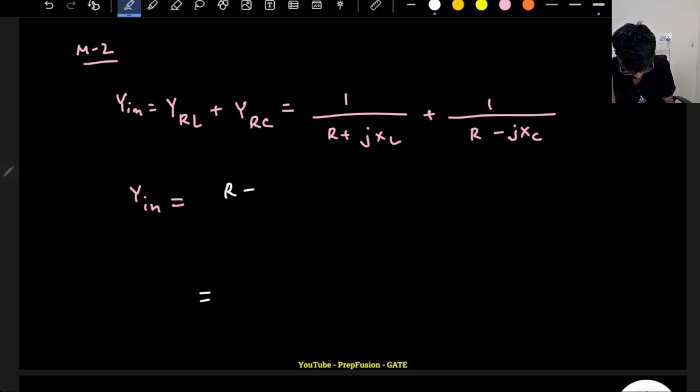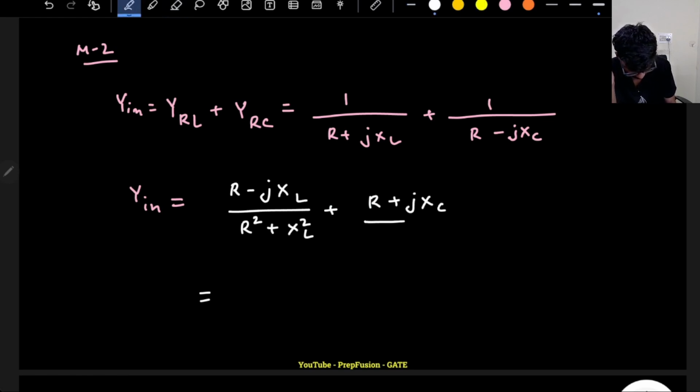This will be R minus jXL divided by R square plus XL square, plus R plus jXC divided by R square plus XC square.